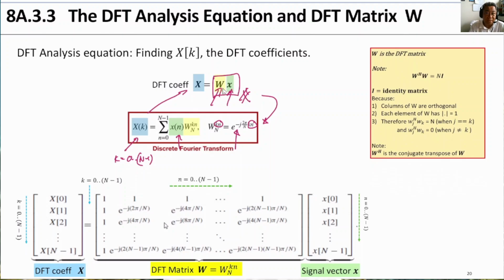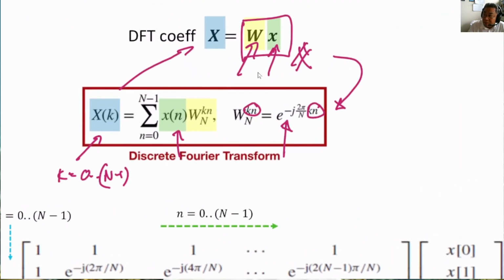There's no 1 over N here. And more importantly, the DFT matrix W and W^H differ by this negative sign in each of these elements. This negative sign, as you know, will introduce the complex conjugate in every element of W.